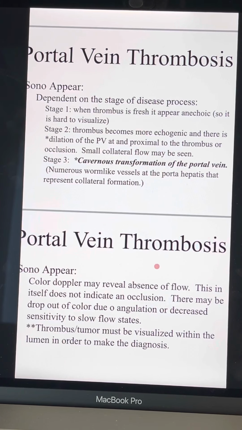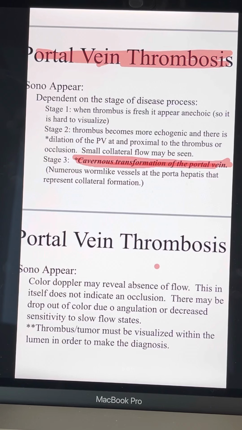This is often seen with portal vein thrombosis, so please know that these two go together. Somehow this is not seen commonly with tumors or others, but with portal vein thrombosis it is seen commonly. So know that these two terms go together.